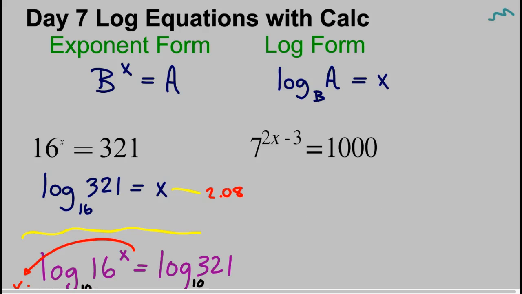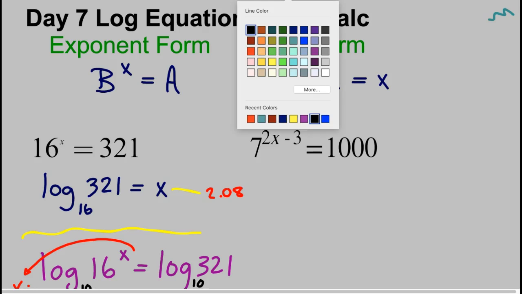I'm going to pop back to the previous page. We have a variable that's an exponent. So there are two ways to deal with this. You can rewrite it in log form, or you can take the log of both sides and pull the exponent down. I think just rewriting it from log to exponent, exponent to log is the way to go. So let's rewrite this as a log.